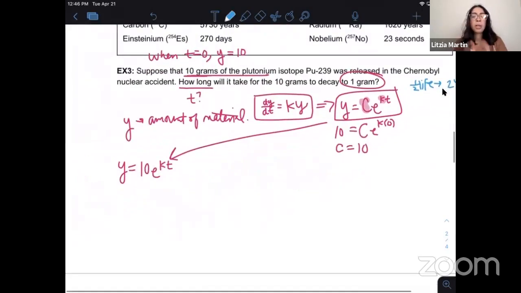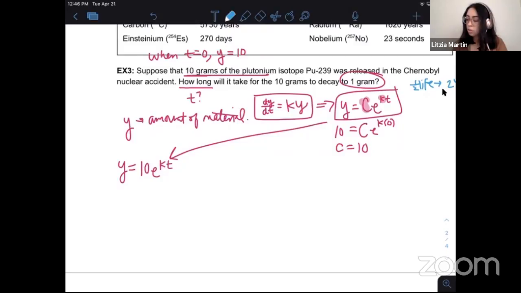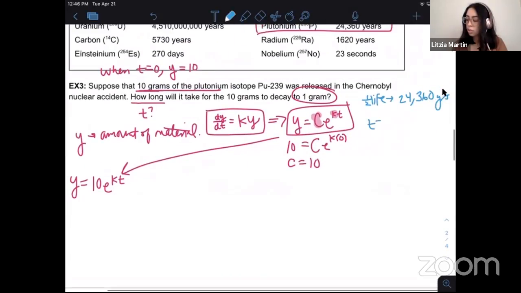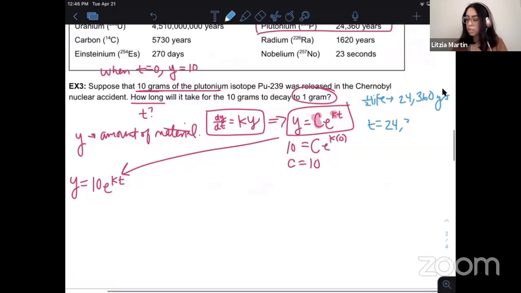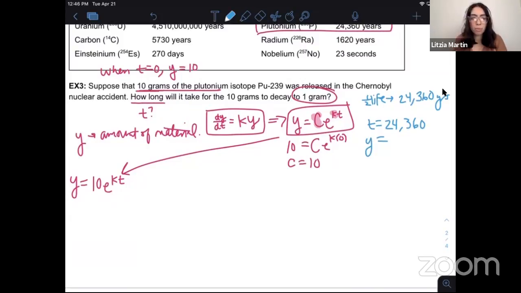So if we are initially starting with 10 grams, when t is equal to 24,360, what is y going to equal? Well, since that's the half-life, that means we're going to have half of what we started with. We started with 10. Now we're going to have 5 grams of the material.